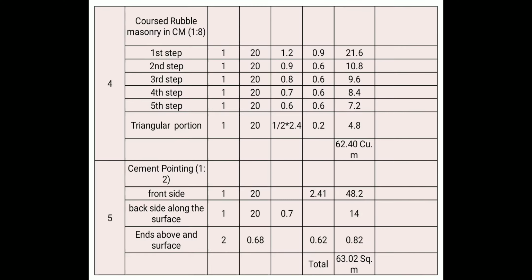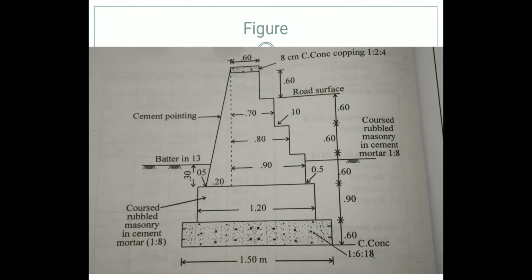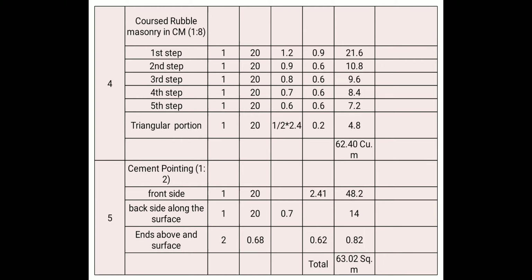Considering the remaining parts, that is coarse rubble masonry and cement pointing. For coarse rubble masonry in cement mortar, the first step is 120, 1.2, 0.9, 21.6. For the second step it is 120, 0.9, 0.6, 10.8. For the third step it is 120, 0.8, 0.6, 9.6.